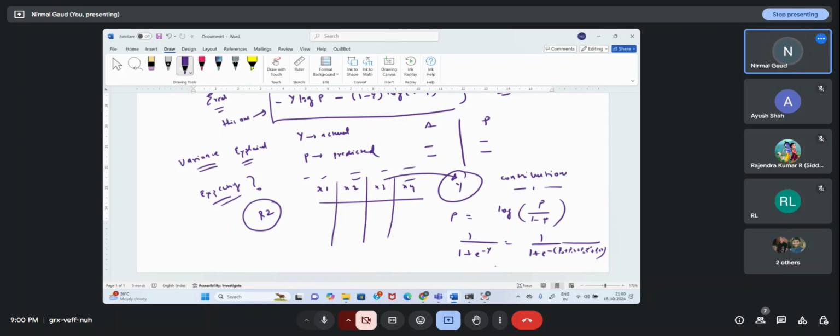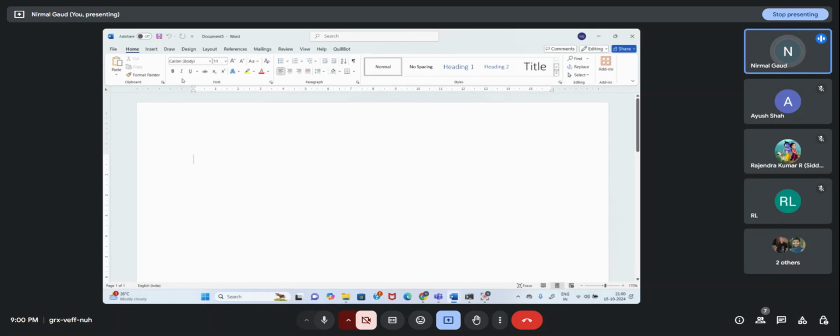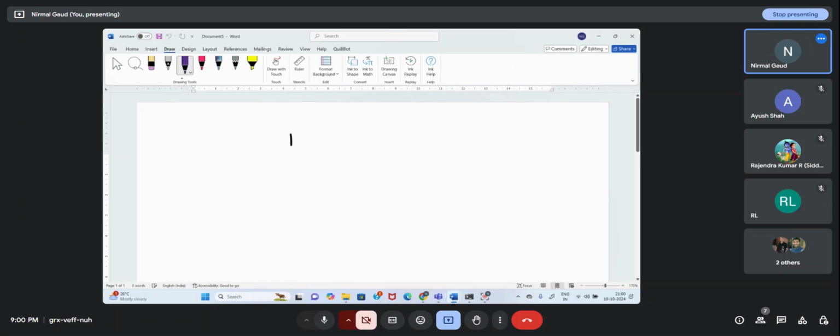If you are having four features, I can write it like this. Your value of P will be 1 upon 1 plus e to the power minus (beta naught plus beta 1 x1 plus beta 2 x2 plus beta 3 x3 plus beta 4 x4).